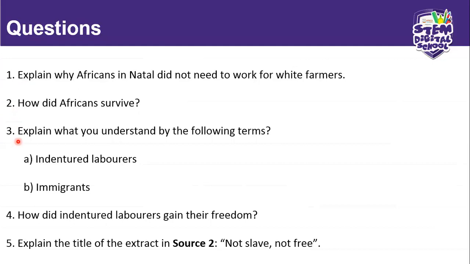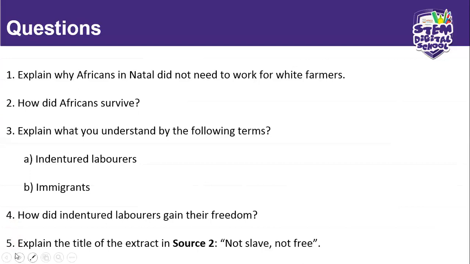Number 3, explain what you understand by the following terms. A, indentured laborers. B, immigrants. 4, how did indentured laborers gain their freedom?